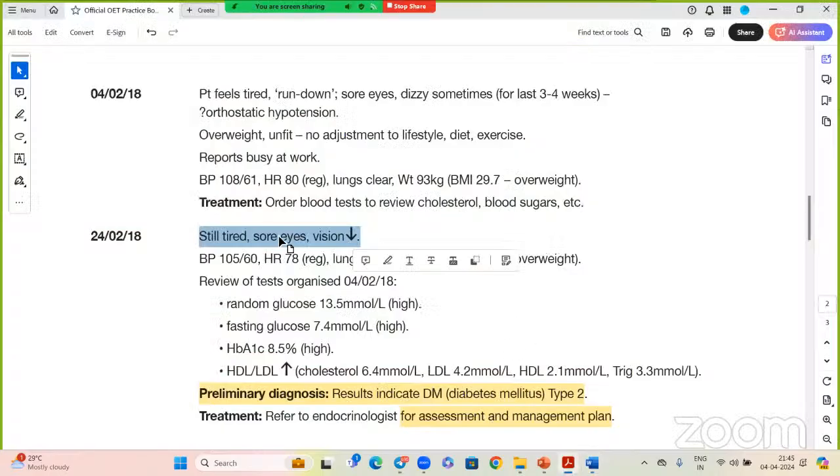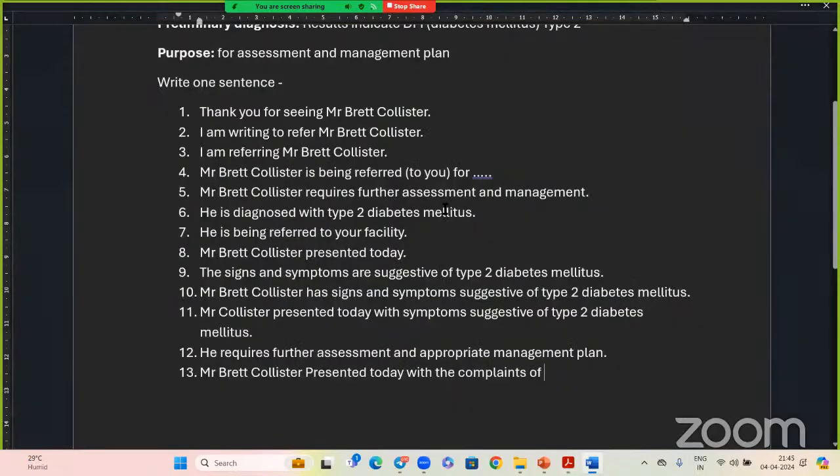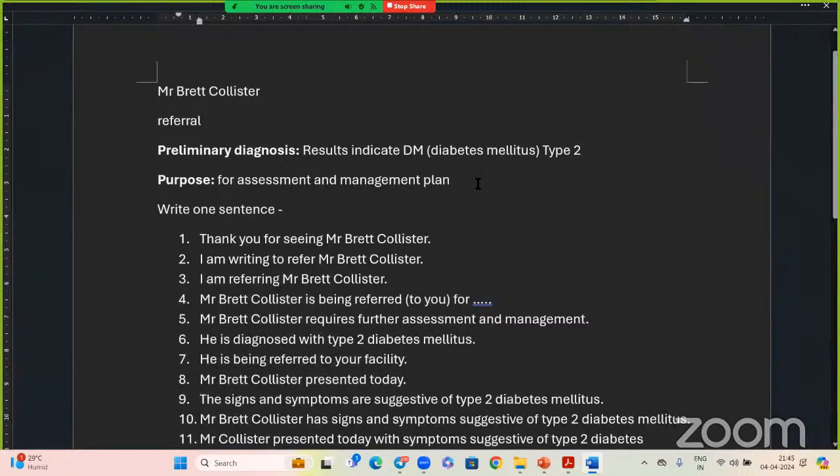He presented today with the complaints of what? Sore eyes and vision, diminished vision, decreased vision. Presented today. This is today's present visit. So that also we are taking here.